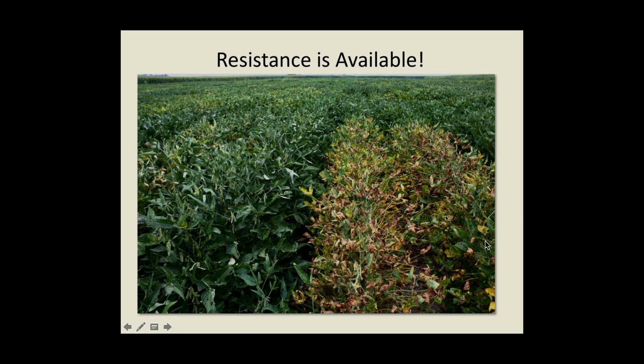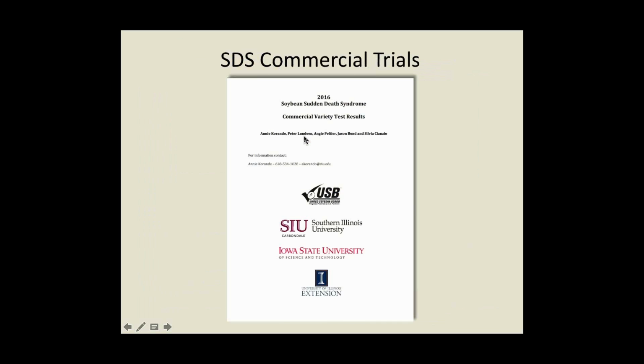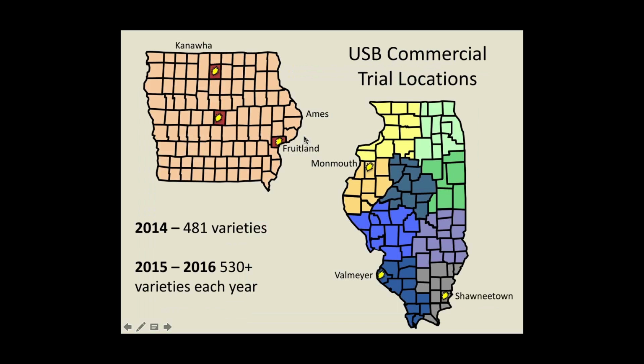And you can tell, this is how you can determine if you have a good testing location, to see if there is enough pressure to be able to separate out varieties. So how do we get this information that we can relate it to producers? Each year, the Illinois Checkoff and the United Soybean Checkoff fund a commercial variety trial, and you can see the locations that we have here in the state of Illinois.